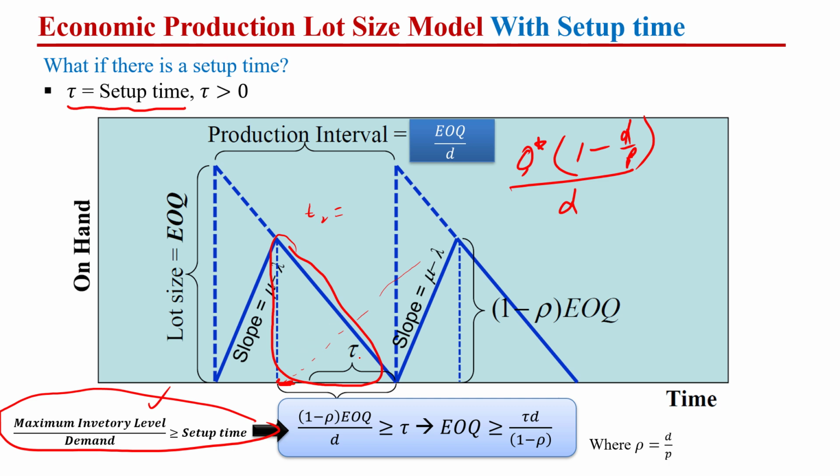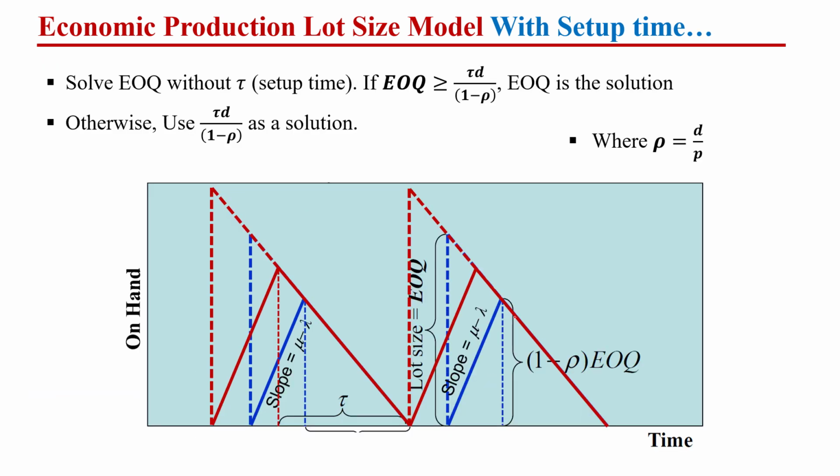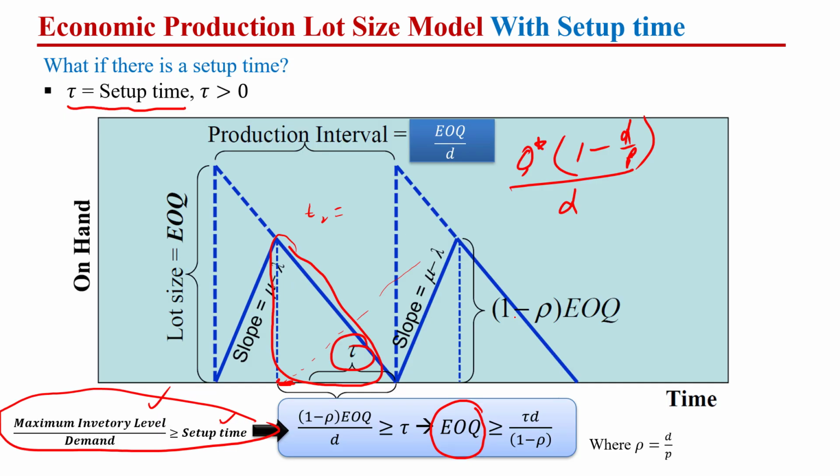So if t2 is greater than the setup time, using this we simplify, and after cross multiplying, this is the economic order quantity model which we use with the help of the economic production lot sizing model. It must be greater than or equal to the formula we have seen earlier, and the right hand side is this one.